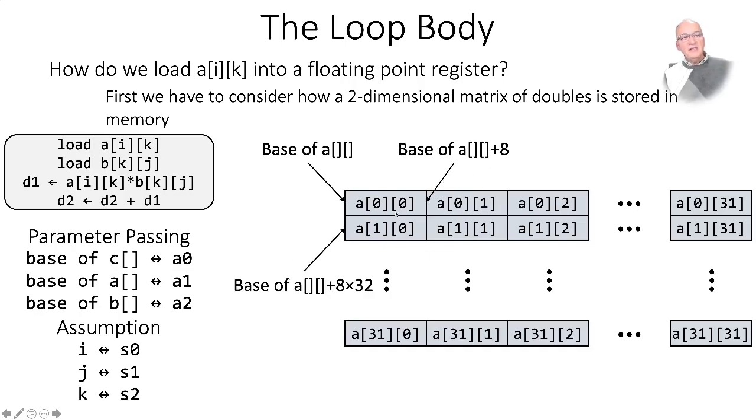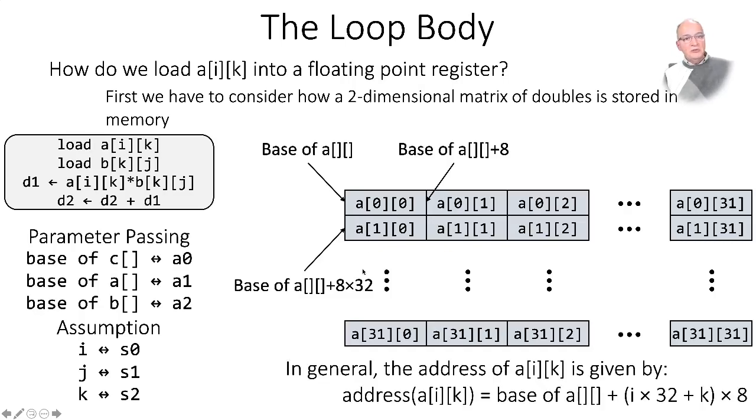And this is the base of A plus 8 times 32 because there are 32 elements in a row. So the distance between this position and this position is 32 times 8, because each element has 8 bytes, because my matrix is a matrix of doubles.